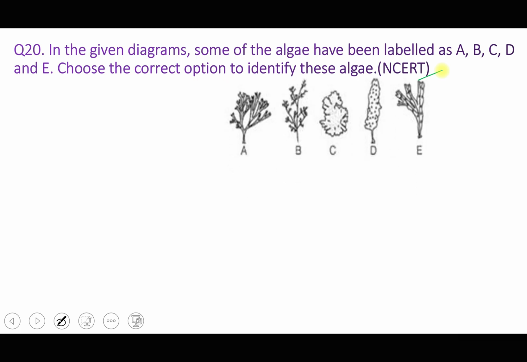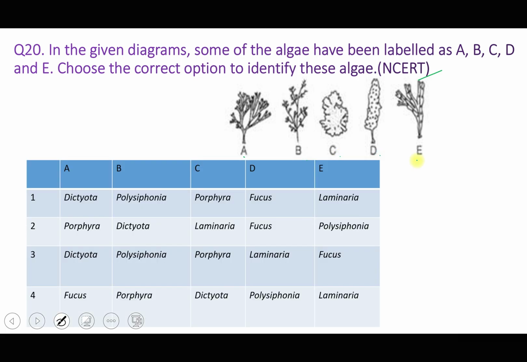This figure shows the algae A, B, C, D, E, and you have to identify them. The options show that these can be Dictyota, Polysiphonia, Porphyra, Fucus, Laminaria. Naming these as A, B, C, D, E, 4 options are prepared here. Out of this, one option is correct. So let's see these one by one.